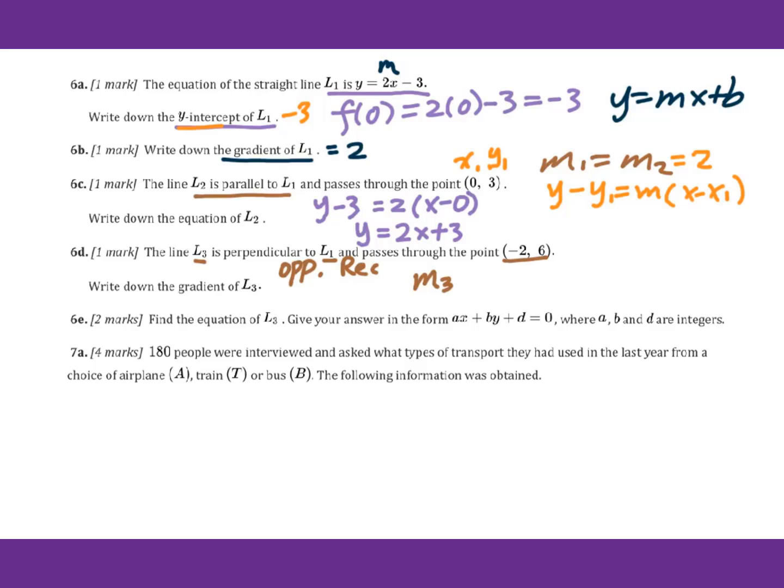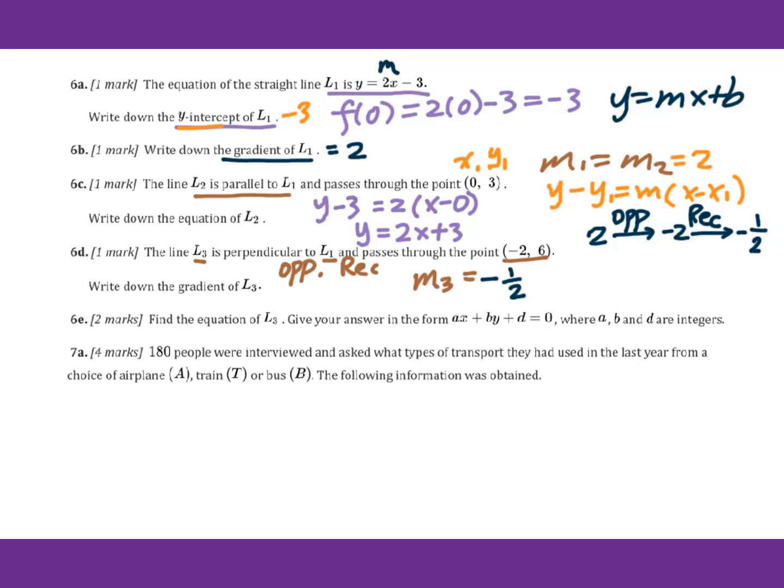So M3 equals, for 2, I do opposite. Thus you get -2. You do the reciprocal. You will get -1 over 2. So the slope for L3 is -1/2.